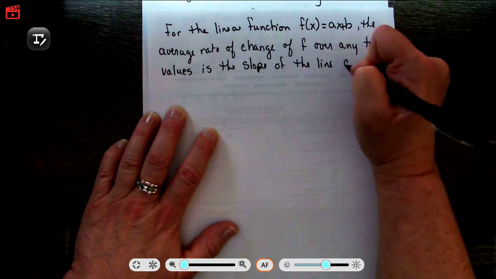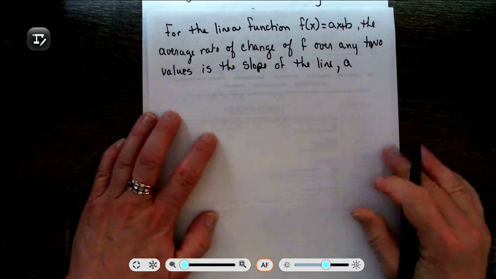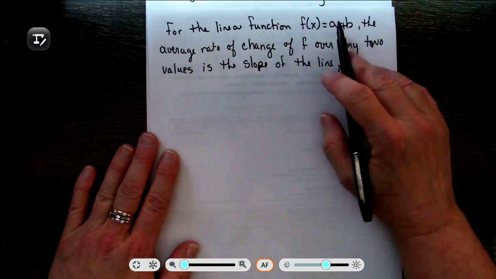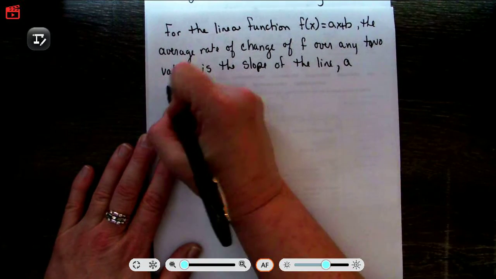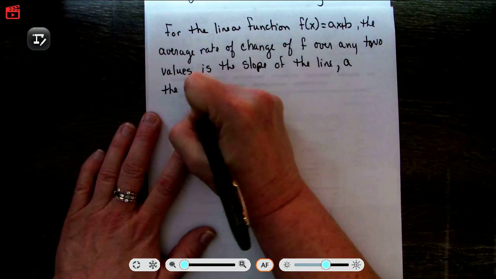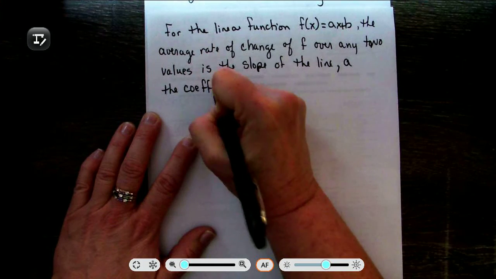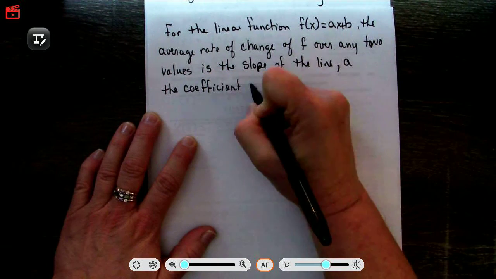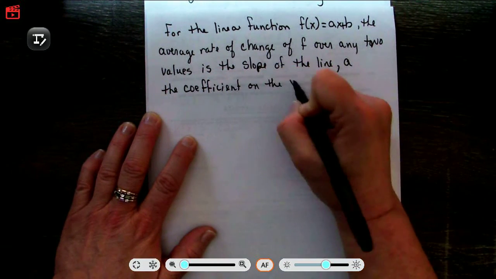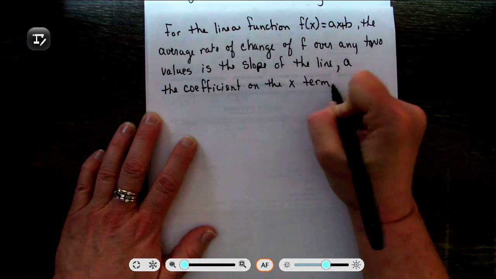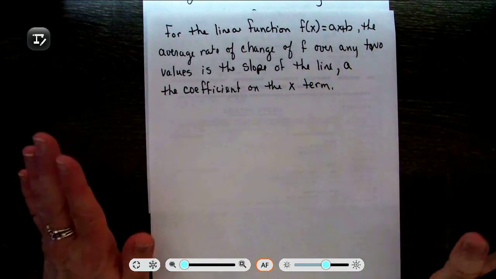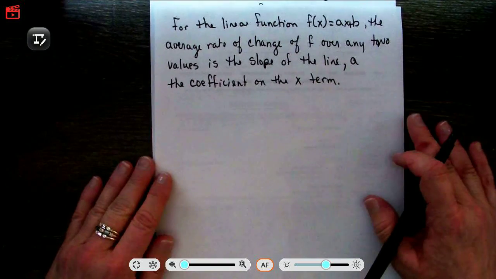Which means it is a, which is going to be your coefficient in front of the x, the coefficient on the x term. And we can do this in general if we want to.